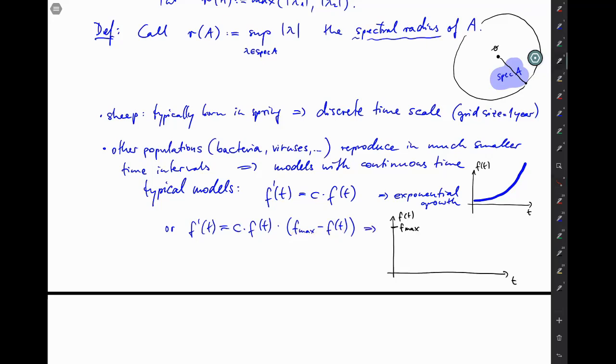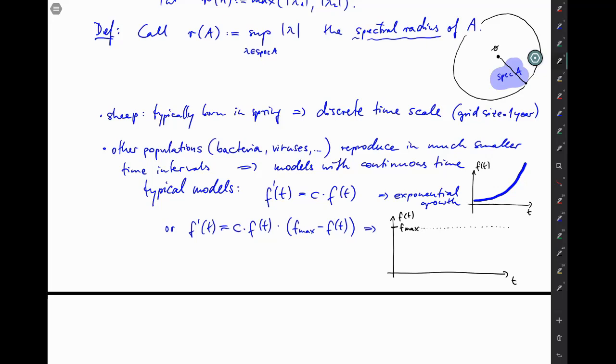And here, of course, we are all reminded of the current coronavirus pandemic, where you say, well, we have a certain number of individuals on this planet, and now F is not the number of little viruses running around or bacteria, it's the number of people that have been infected.